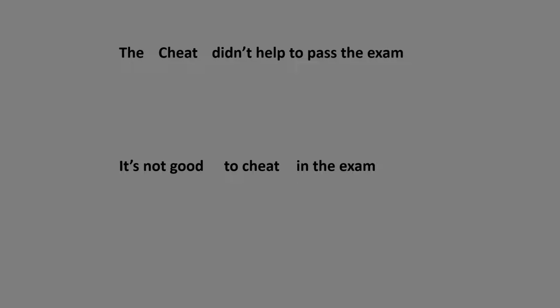You see the same word cheat is used in both, but in the first sentence it is used as a noun, and in the second as a verb. If you supply these two sentences to the computer, it will not understand where it is a verb and where it is a noun, and it might get confused and give incorrect output.